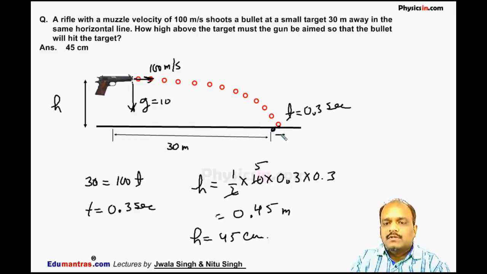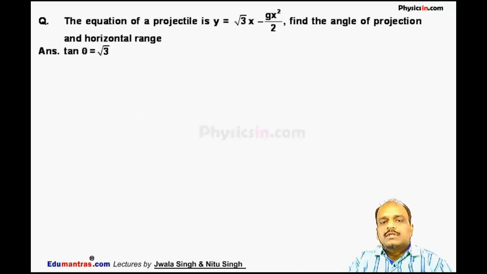This is target T. Now the question is, the equation of projectile is y equals root 3 x minus g x square by 2. Find the angle of projection and horizontal range. Now we know the angle of projection.